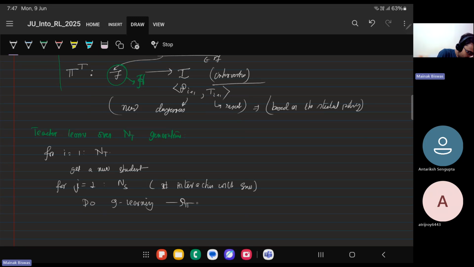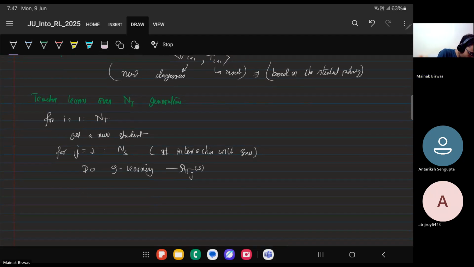So you write Q pi of the student j. So this is the student. Use Q pi or the history of pi j of the student, some phi trans function, to evaluate performance.